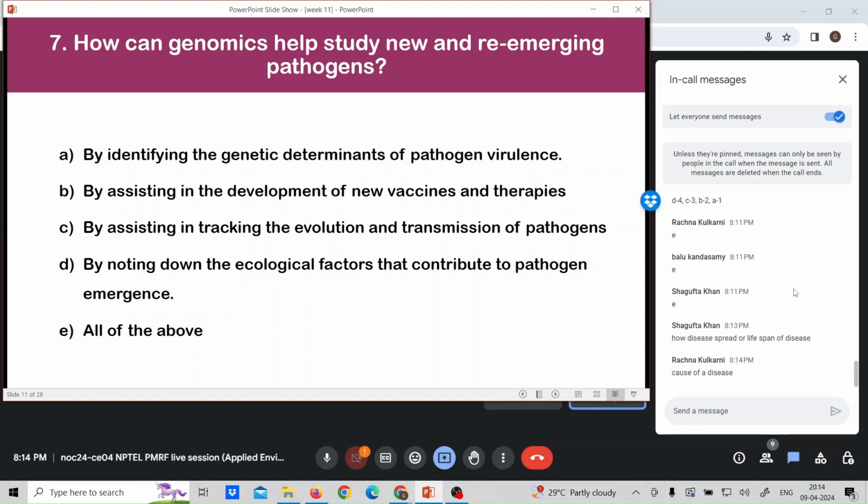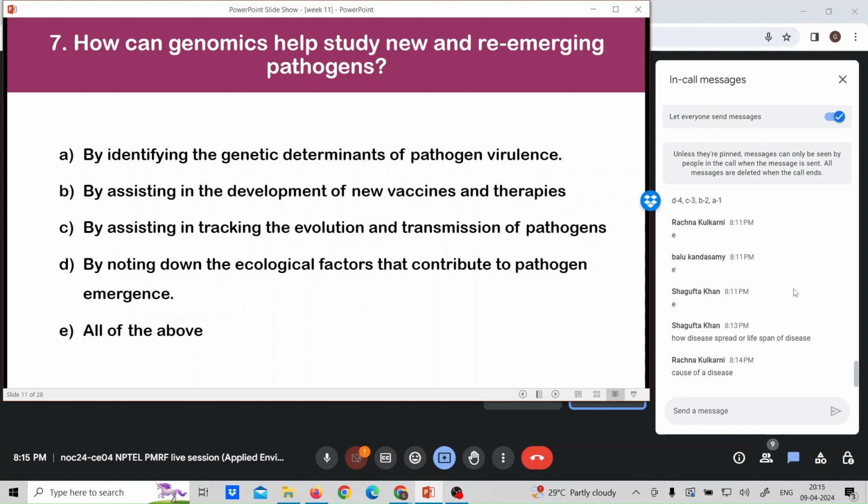Cause of a disease, okay. Epidemiology involves all of this. Epidemiology is basically the study of some disease, but what exactly we study is what are the determinants of this disease or the health state, the adverse state.